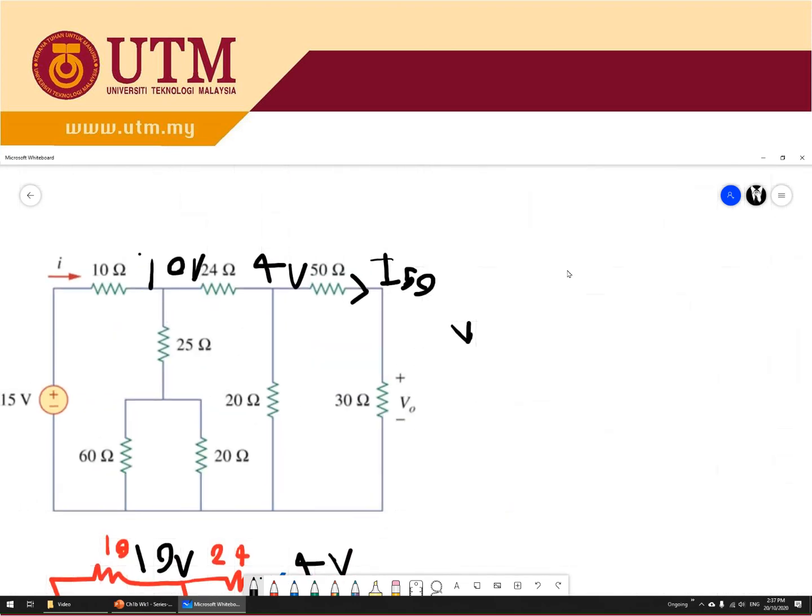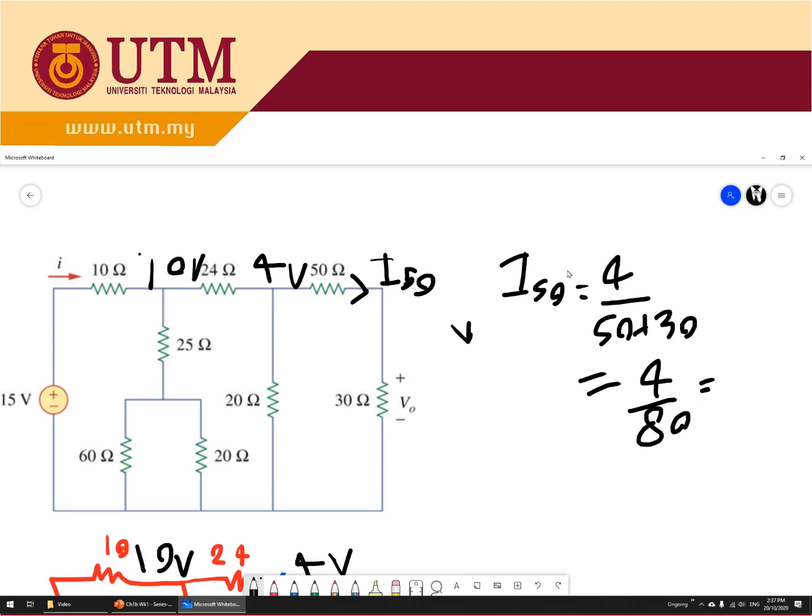So I50 equals 4 volt divided by 50 plus 30. You get 4 divided by 80, 0.05 ampere.